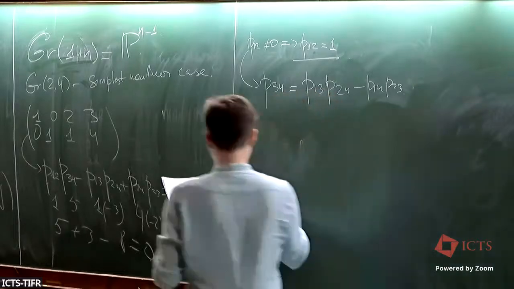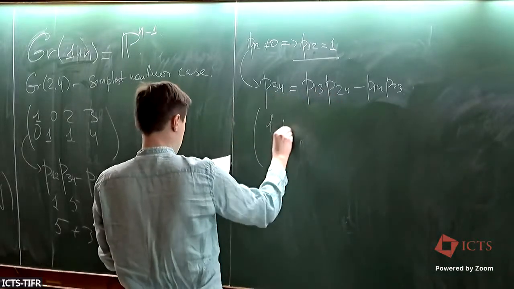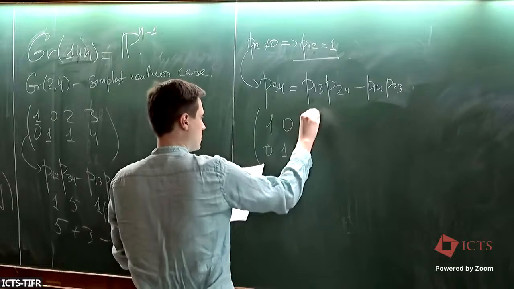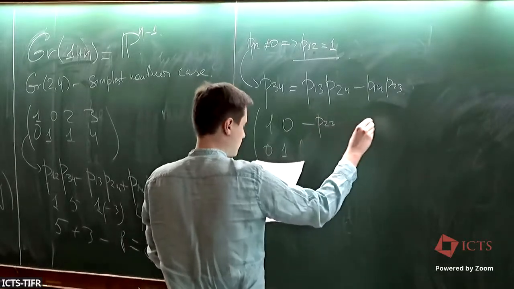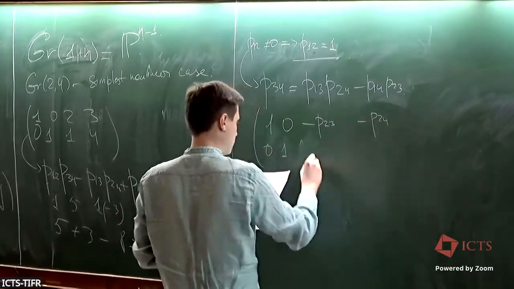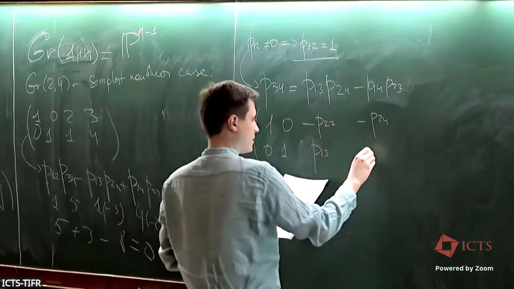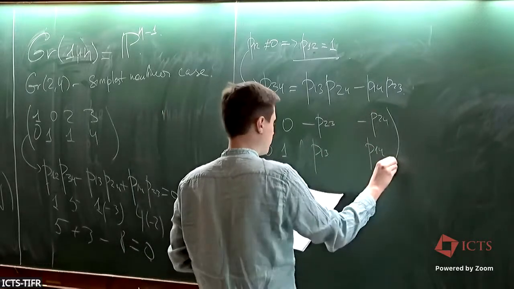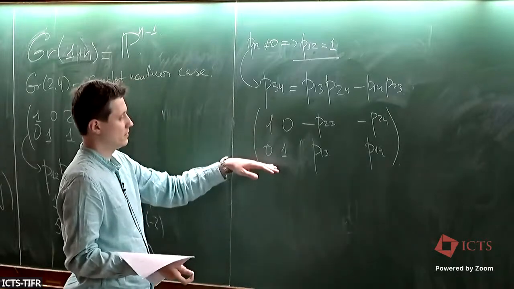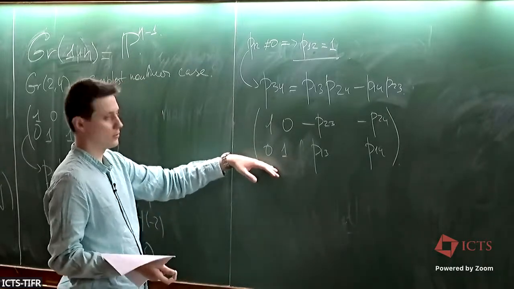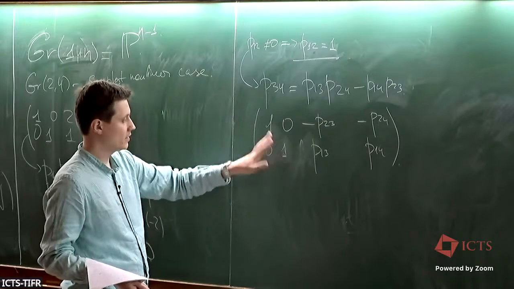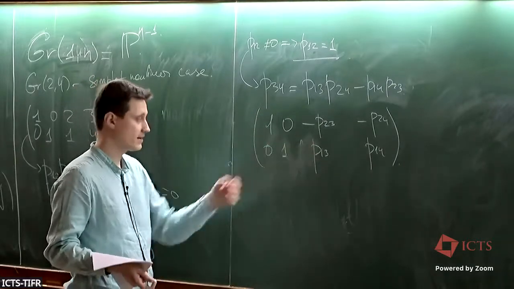So let's take a look at the following matrix: 1, 0, 0, 1, minus P23, minus P24, P13, and P14. Well, the Plücker coordinate P12 is supposed to be 1. This is true. And P13 is P13 as expected.